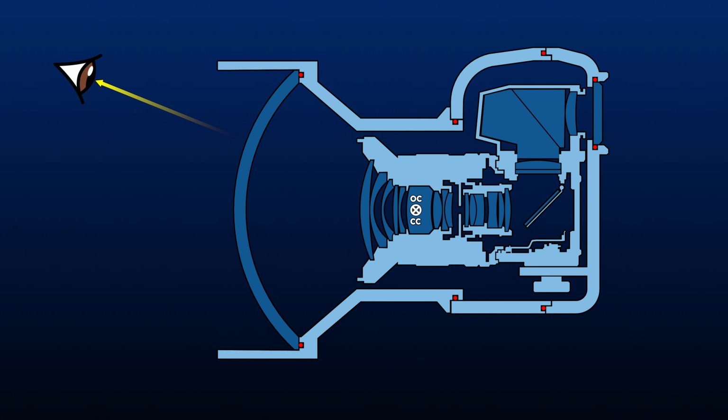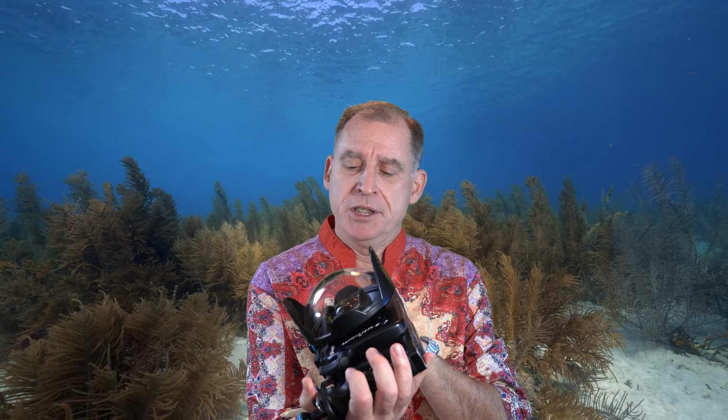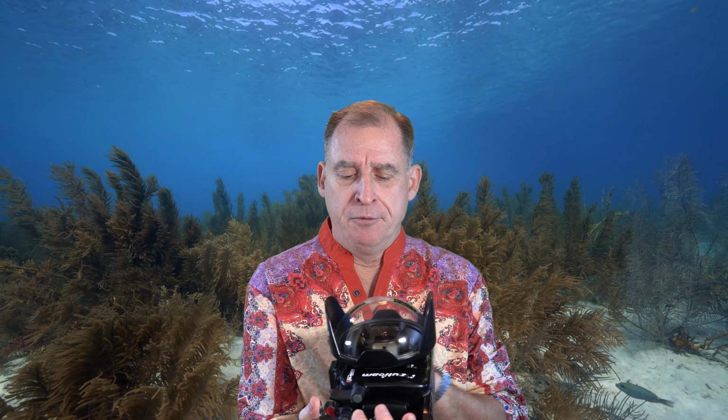Of course, you must close one eye for this to work. There you have it. If a dome port is perfectly aligned with your lens, the reflection of your eye will coincide with the apparent position of the aperture. Now, it may take some twisting and turning before you find a position where you can actually see the aperture and the reflection of your eye at the same time.